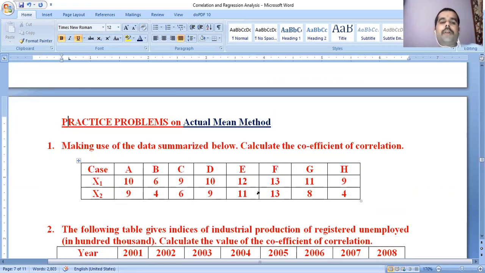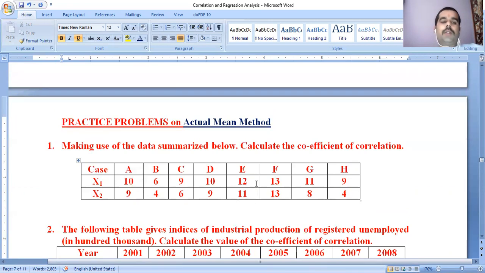So try to practice these 7 problems, then you will get complete clarity regarding the actual mean method. Try to recall the formula and do revision. Most of the time do these revisions, and from the examination point of view also, you have to practice these 7 problems.